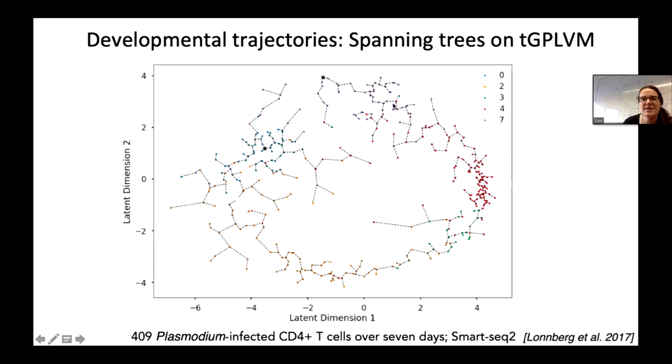A lot of the other methods that we looked at actually separated it on the 4th day or the 3rd day. Second of all, you get a really nice description of how each of these cells relate to each other. You can see a little bit of clustering over here, and I'm not entirely sure what that is. It seems like that space for some reason didn't get expanded enough in the tGPLVM, but regardless, we see a really nice spanning tree being developed on top of this model.